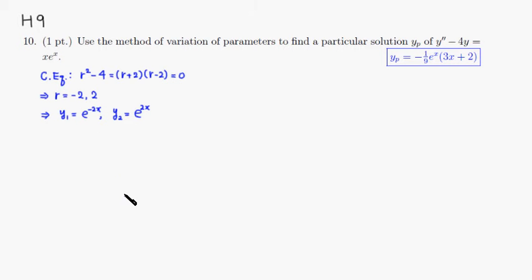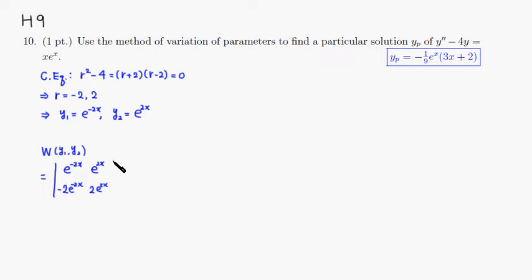Then we can find the Wronskian from there. The Wronskian of y1, y2 is the determinant of y1, e to the negative 2x, y2, e to the 2x, and their derivatives, negative 2 e to the negative 2x and 2 e to the 2x.